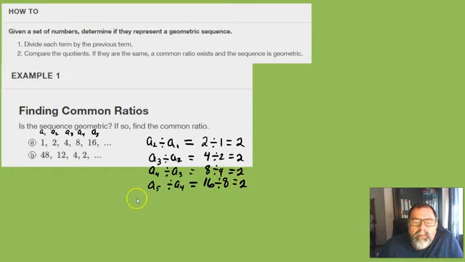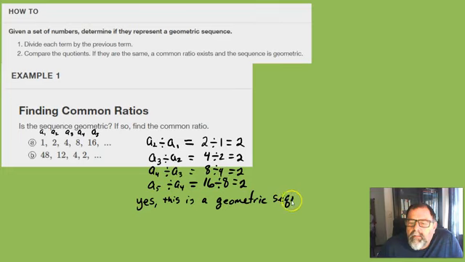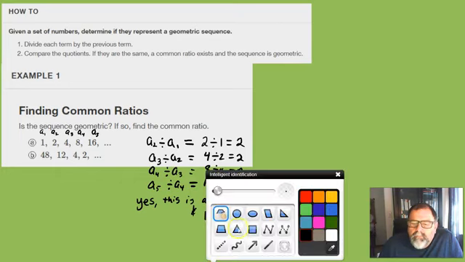And so yes, this is a geometric sequence, and r, the common ratio, is equal to 2. Okay, so that's for A.